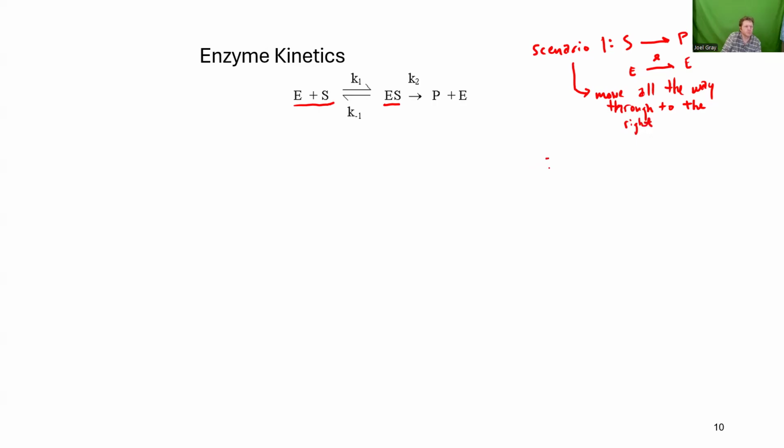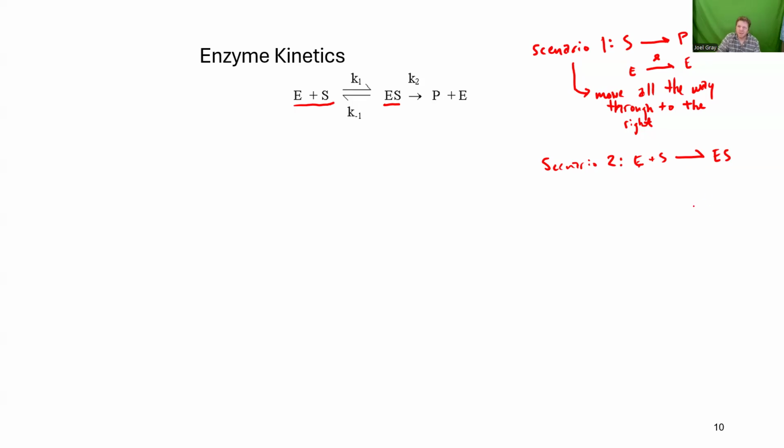Okay, scenario two. In scenario two, what can happen is the enzyme and the substrate might come in contact with one another, and they'll lead to the enzyme substrate complex.